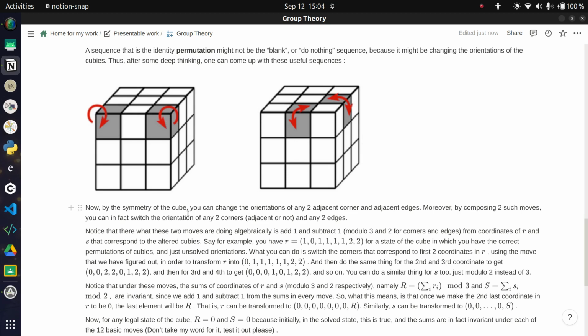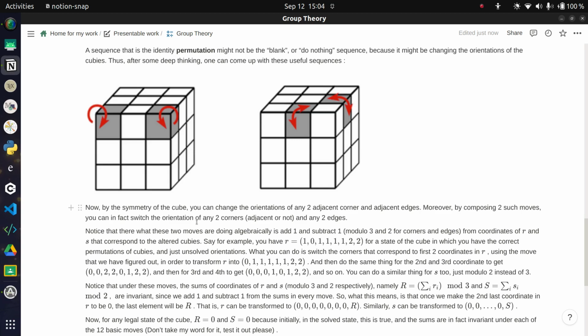And what we can do is we can reduce the vectors r and s by doing these operations on different cubies, such that only the last coordinate of r and s is either 0 or something.